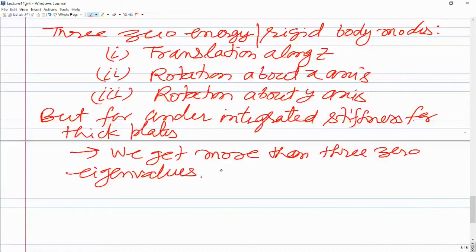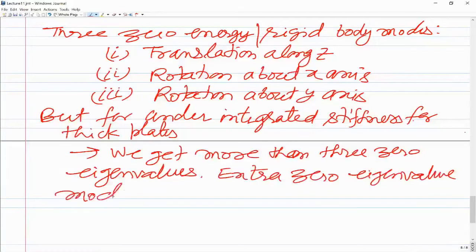Whatever extra zero eigenvalues we get, when you look at those modes, they will not be physically correct rigid body modes. These extra zero eigenvalue modes are known as spurious or hourglass modes. The eigenvalues would be zero, but the corresponding modes, that is the eigenvectors, cannot be interpreted as rigid body modes.